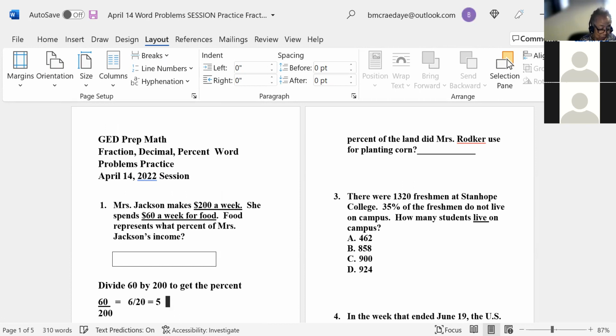So 5 times 6 over 5 times 20, because it's a ratio of a number to 100. There are different ways of doing it, but just think of the percent as a ratio of a number to 100. That gives you 30 over 100, or 30%.